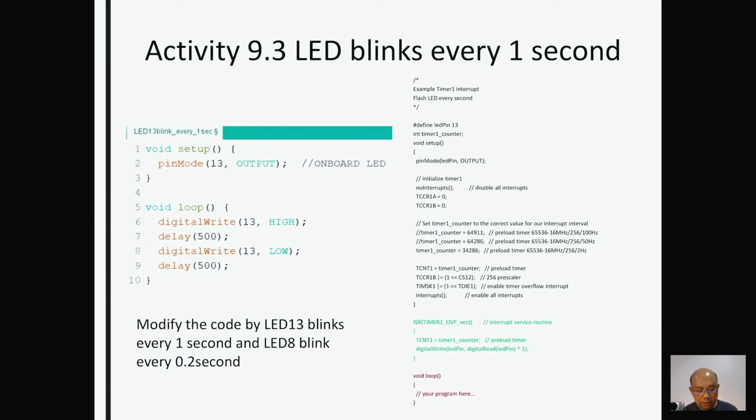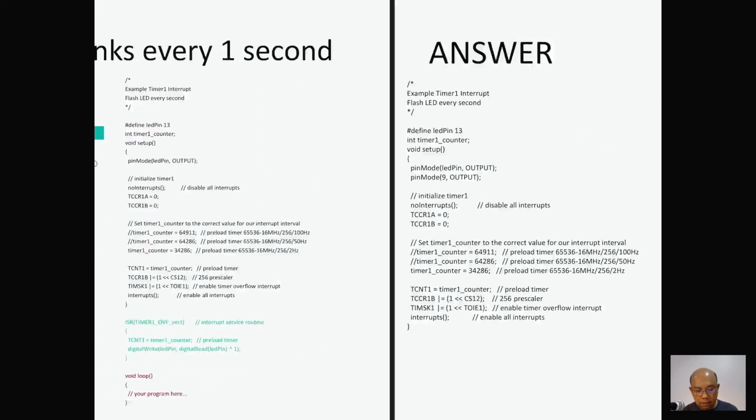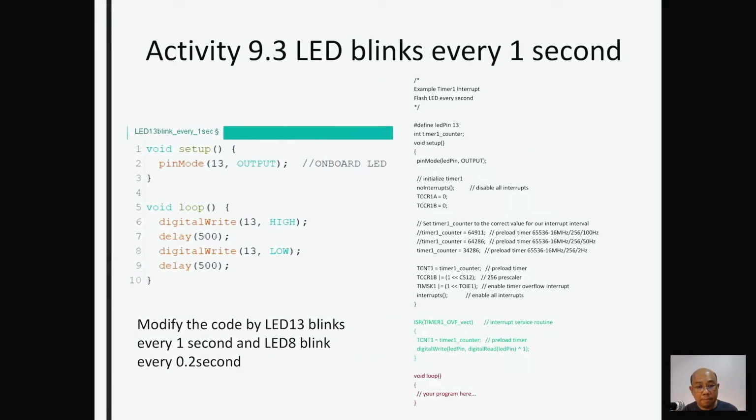Here in activity 9.3, look at the source code on the left-hand side. This is code on the Arduino controller. The Arduino runs here, and the code is not written with interrupts. Look at lines 5, 6, 7, 8, and 9.